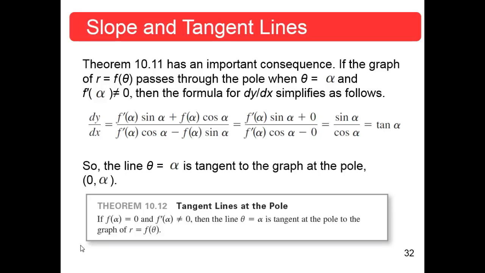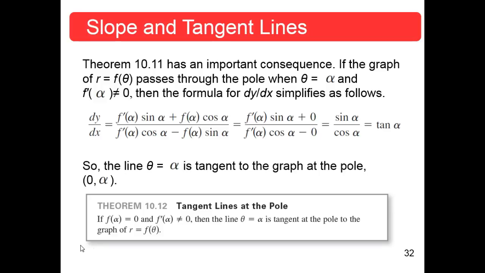So you have f prime of α sine α over f prime of α cosine α, and f prime of α is not 0. These cancel out, and you're left with sine α over cosine α, which is tangent α. So the line θ equals α is tangent to the graph at the pole. That is your tangent line there.